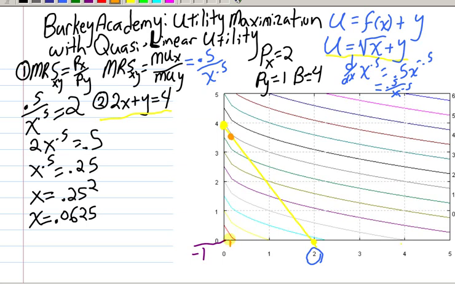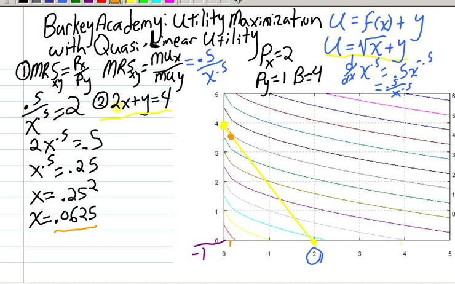Now let's solve to see how much y we will buy. It's kind of interesting here that since there's only x in this equation, we don't have to solve two equations for two unknowns. We can just solve this for x directly, and just plug that into the budget line to see how much y we will be buying then.